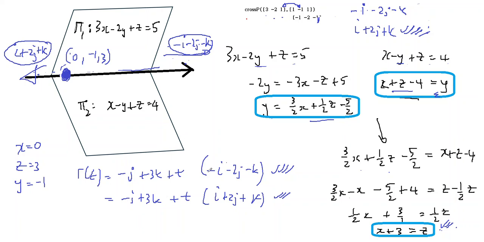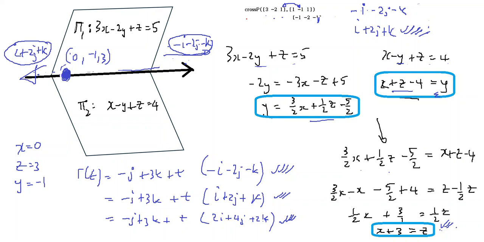I'd accept any vector parallel to this. I'd also accept minus j plus 3k plus t lots of 2i plus 4j plus 2k. All three are perfectly acceptable answers.